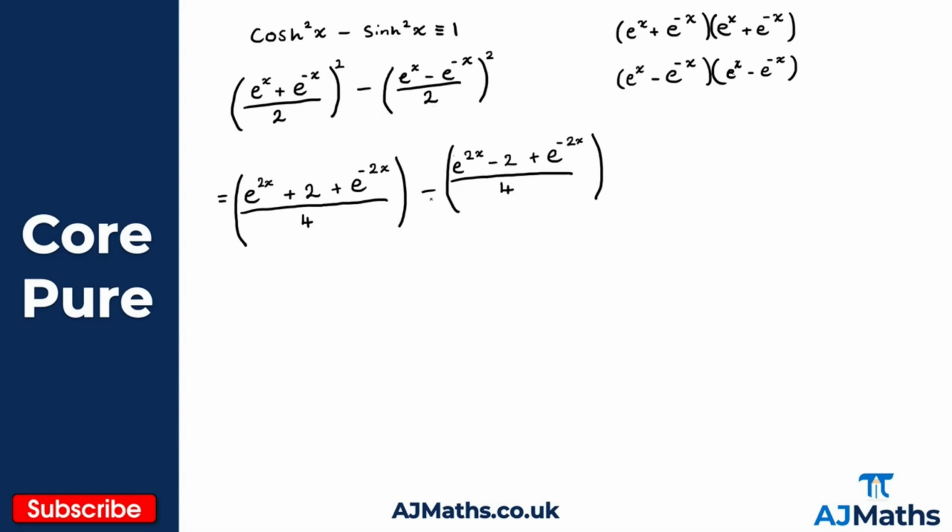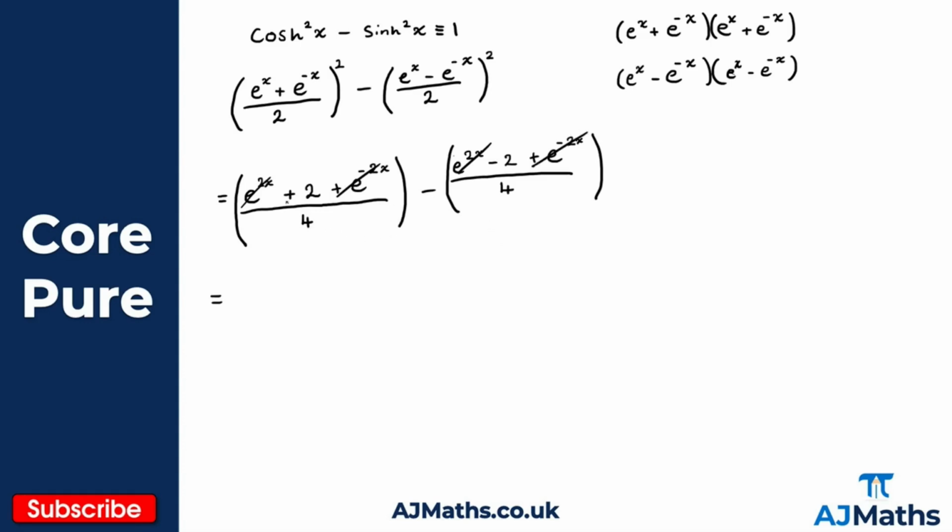From here, we need to perform the subtraction. Because they're both over a common denominator of 4, we can just perform the subtraction. e to the 2x over 4 minus e to the 2x over 4 cancel. We'll come back to the 2 over 4 minus minus 2 over 4 in a moment. Let's cancel the final bit: e to the minus 2x over 4 minus e to the minus 2x over 4, so they cancel as well.